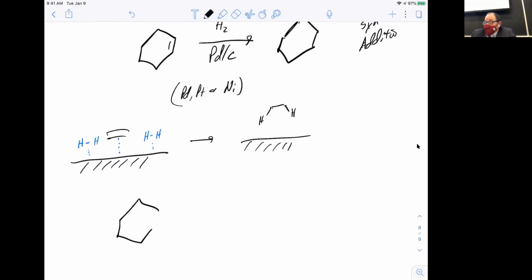So that means if I take a substituted group, I'm going to get a syn addition.